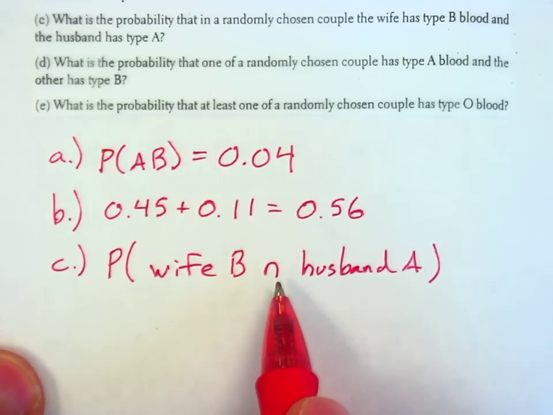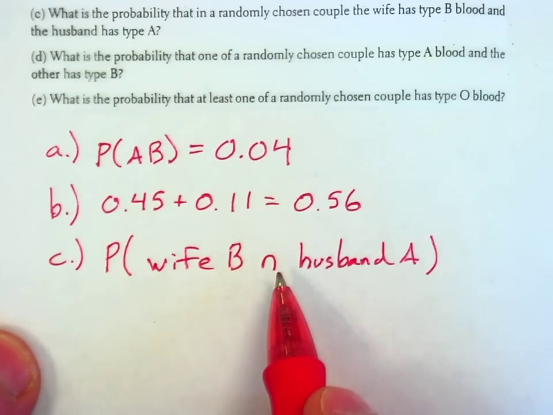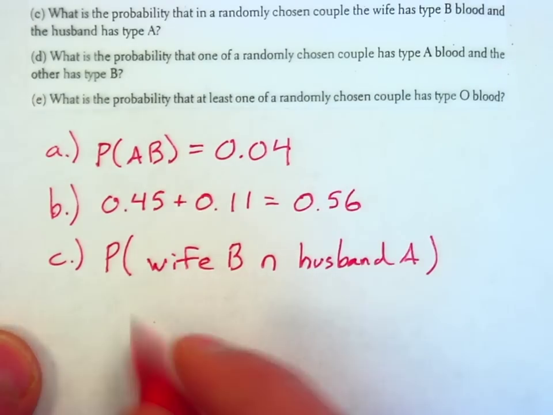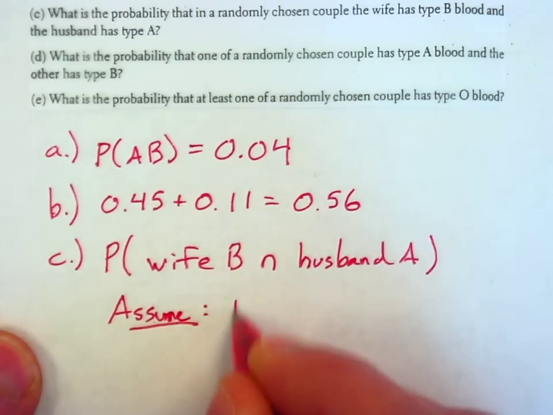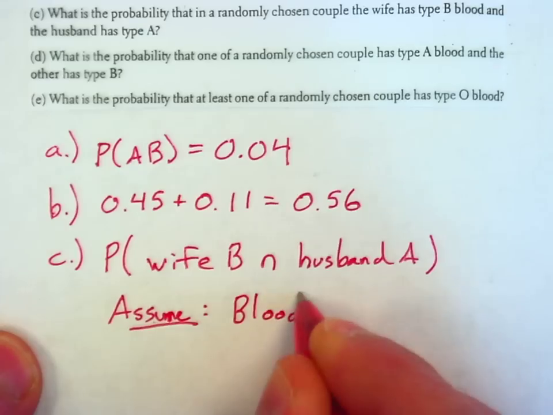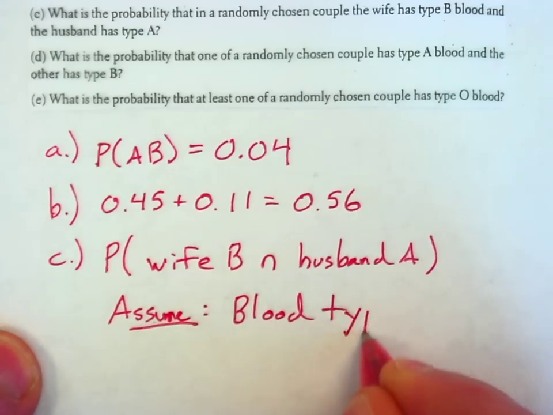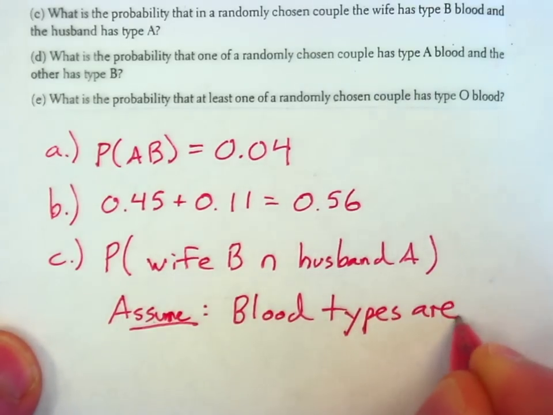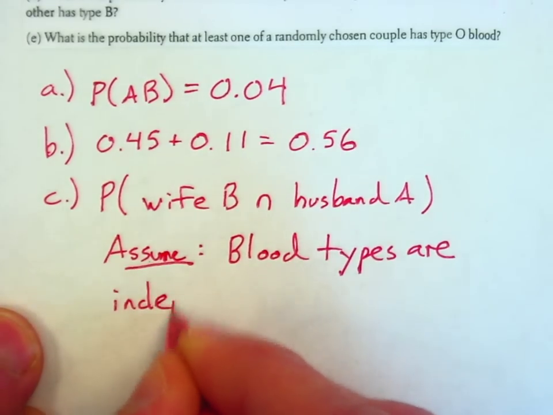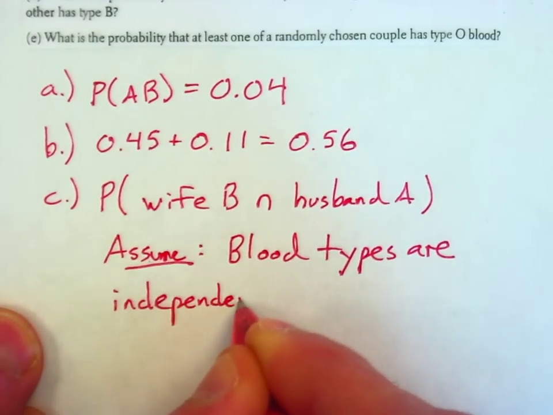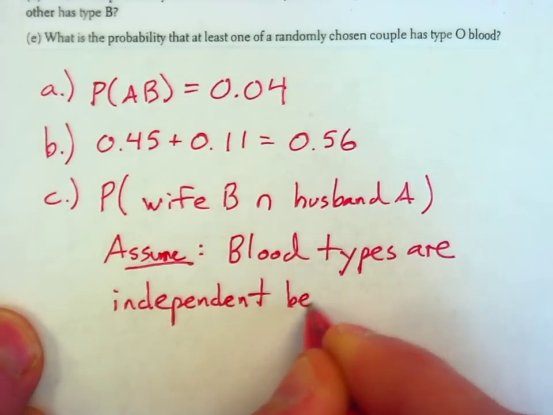So in order to calculate this, I don't have any conditional probabilities given to me, so we need to assume that the blood type of the wife and husband are independent of one another. So we're going to assume blood types are independent between husband and wife.